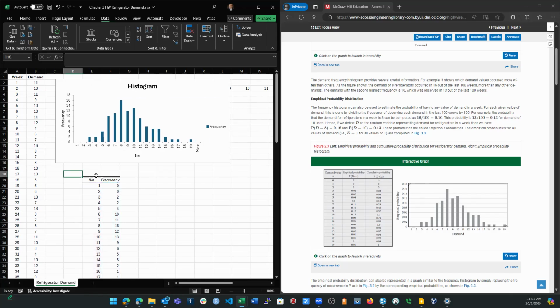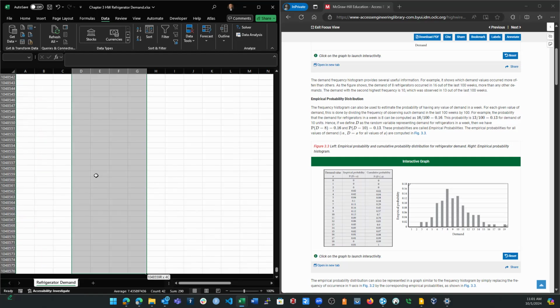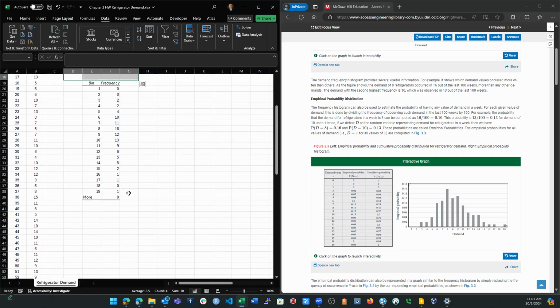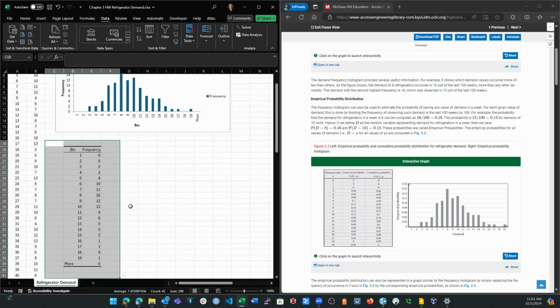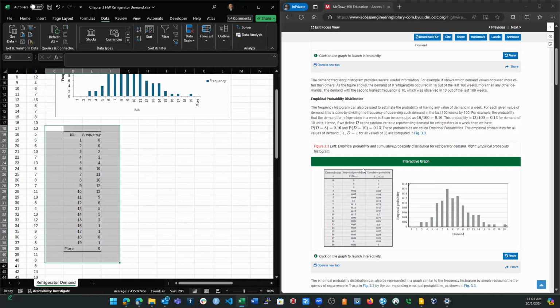And we can use this output that we just created as the starting point for our empirical probability and our cumulative probability. So we have our bins and we have our frequencies.